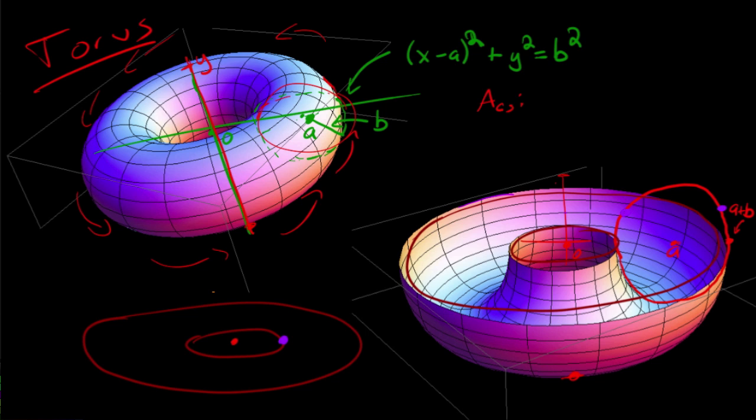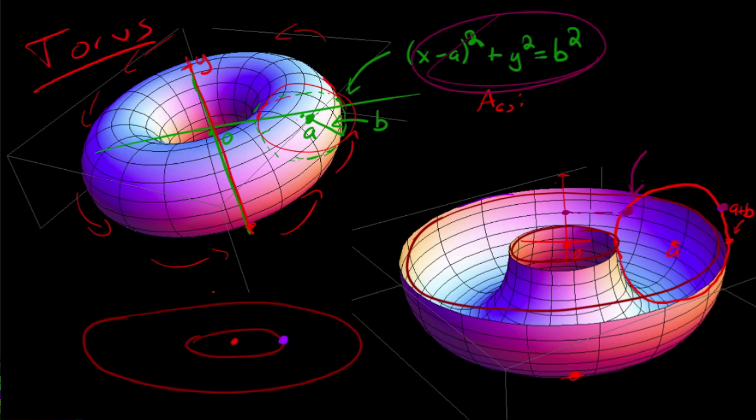What I'm looking for is the distance from here all the way to here. This point and this point are both points on that circle.